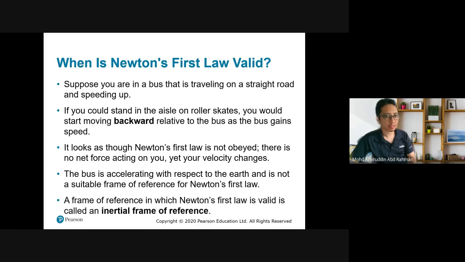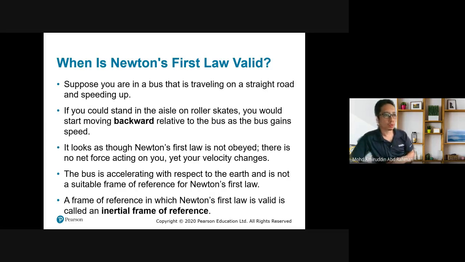Meaning that you are moving at the same speed as the bus. So you can also consider that you are at equilibrium, net force zero. Even though you are moving, the bus is also moving, right? The bus actually moves you using the same force.